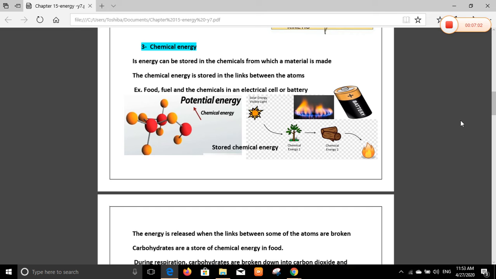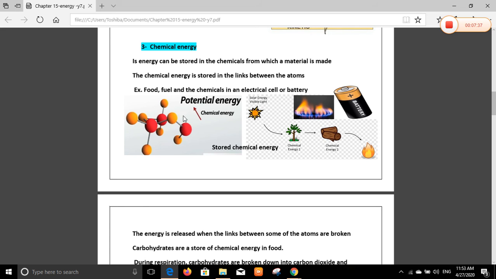Water is H2O: 2 hydrogen atoms attached to 1 oxygen atom. Between the hydrogen atoms and the oxygen atom there is a link, and this link stores chemical energy. So chemical energy is stored in the links between the atoms.